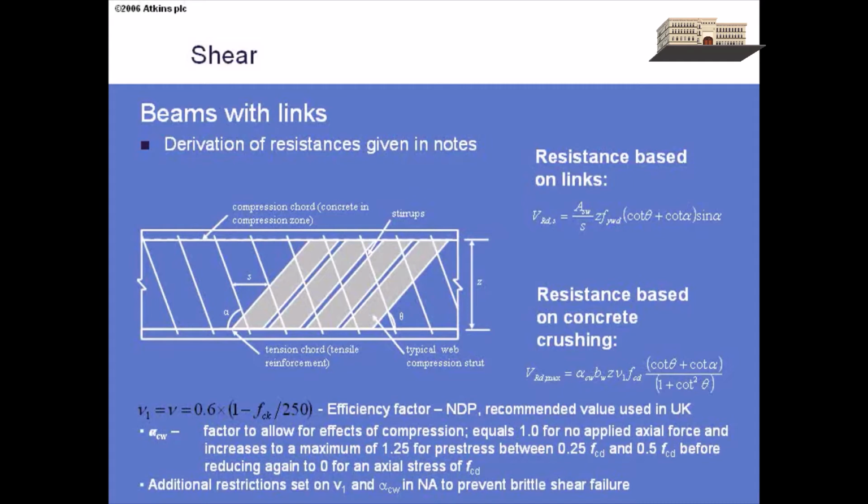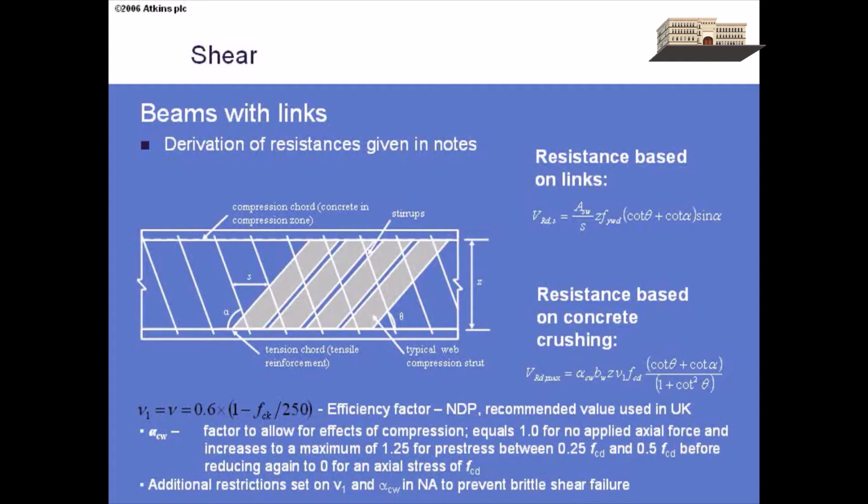Then we're left with cot theta, and theta is the assumed compression truss angle, and so this is the thing that you can vary to suit your requirements. Basically what happens is, as I mentioned earlier, if you go for a 45-degree truss angle, which is the steepest, then cot theta becomes 1, and all of that lot will disappear, and you'll be left with basically the same formula as in BS500, but without the concrete term.